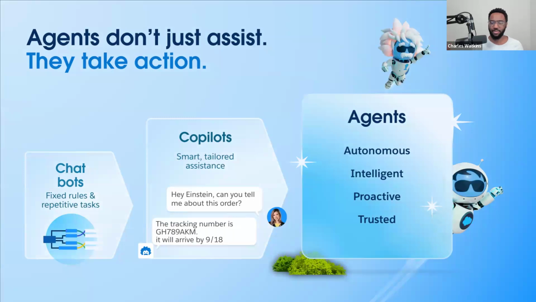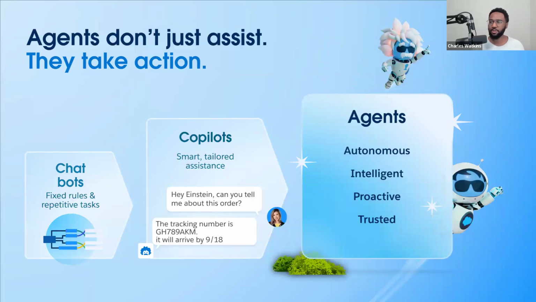So we're all here to talk about agents, right? And agents are essentially the natural evolution of chatbots and copilots. We started with things that we could talk to that felt conversational, chatbots, but were really driven by fixed rules and capable of doing repetitive tasks. Over the last few years, we got copilots powered by large language models, things like GPT. They're incredibly smart.